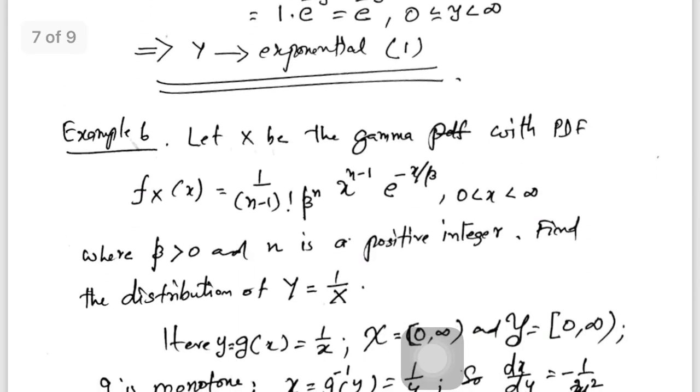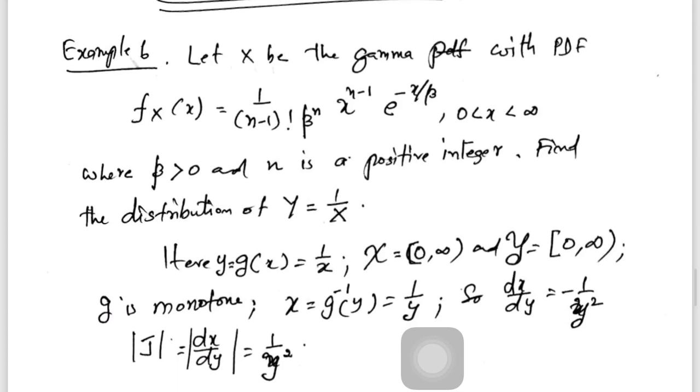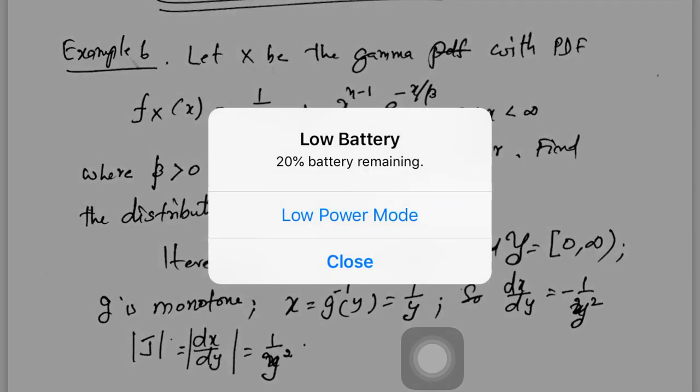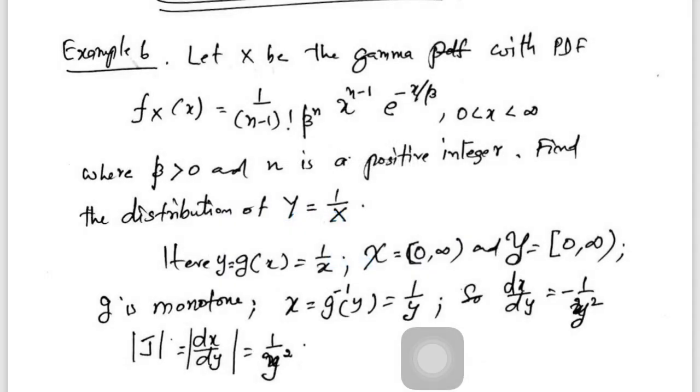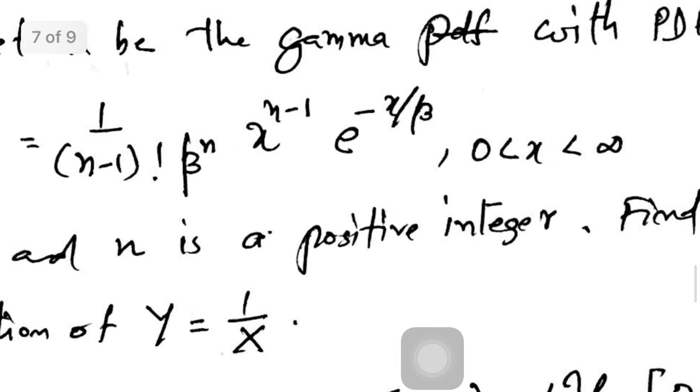Okay, and you come to another example, example 6. In this example, x has a gamma distribution with PDF fx equal to 1 by (n minus 1) factorial into beta to the power of n, then x to the power of n minus 1 e to the power of minus x by beta, x lying between 0 and infinity.